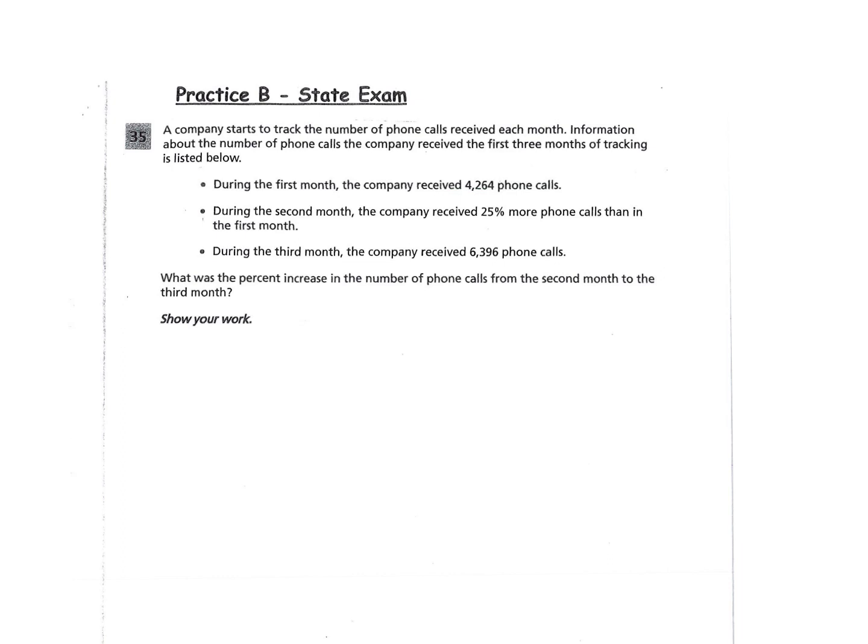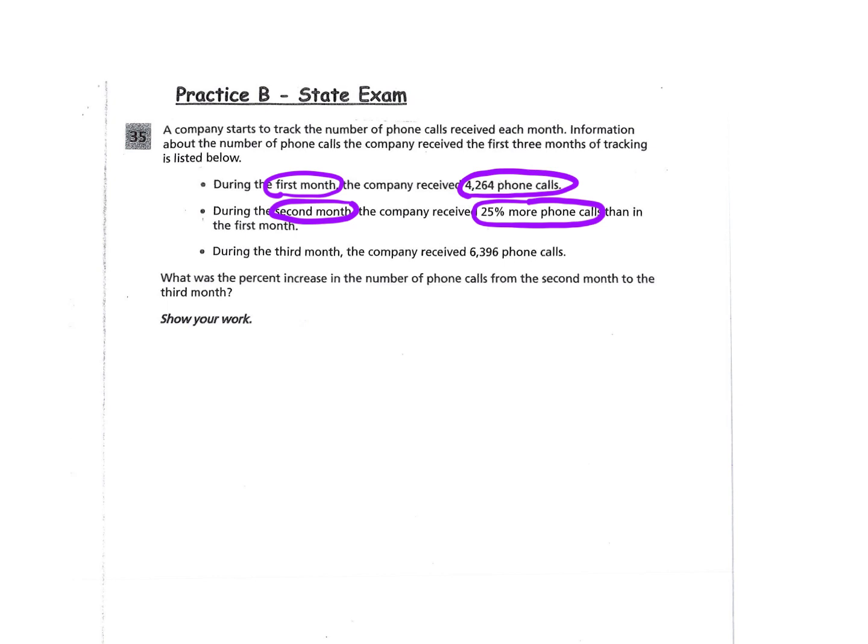A company starts to track the number of phone calls it receives each month. The information about the number of phone calls the company received for the first 3 months of tracking is listed below. For the first month, the company received 4,264 phone calls. For the second month, the company received 25% more phone calls than the first month.